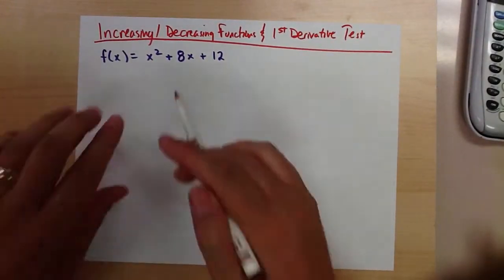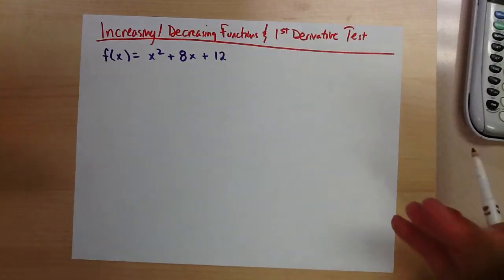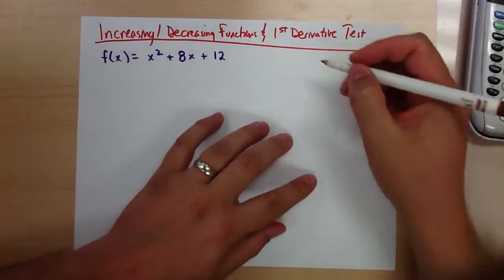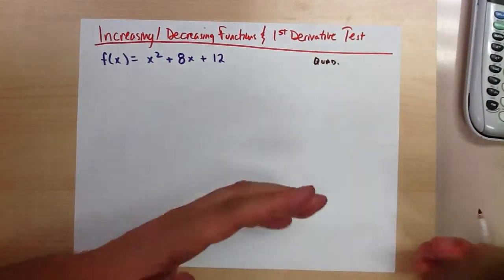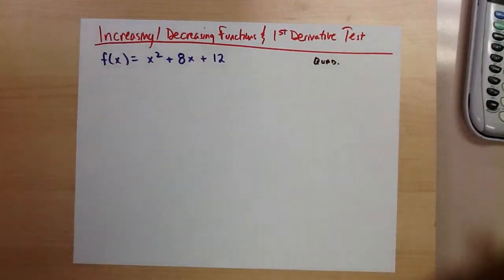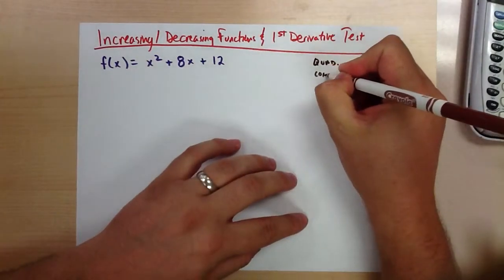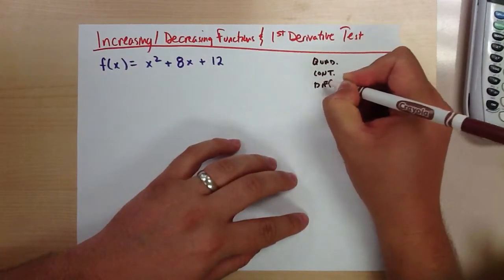So what we need to do is pay attention to this function, realize generally what we know about it, and then figure out from there. So we know this thing's quadratic, okay? That's a good thing to remember. It's a U-shape. And then also that it's continuous. That's nice to remember too, which means it's going to be differentiable everywhere.